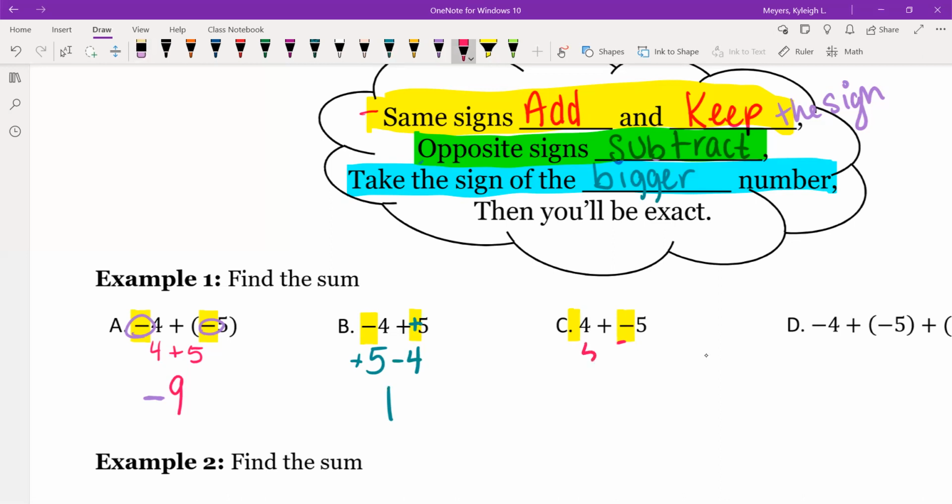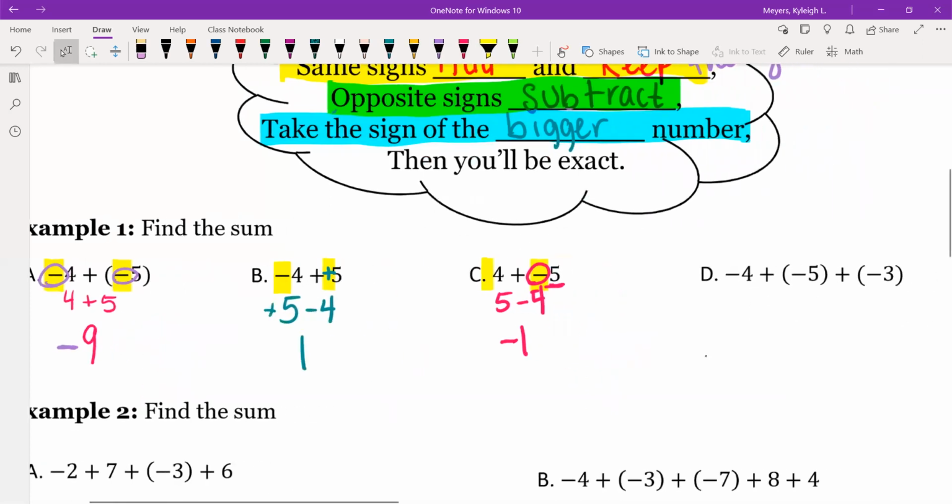I want to write it as 5 minus 4. 5 minus 4 is 1. But our 5 isn't just a 5, it's a -5. And that's the bigger number. Okay? Between 4 and 5, 5's bigger, but 5's negative. So our answer is negative. If that makes sense.